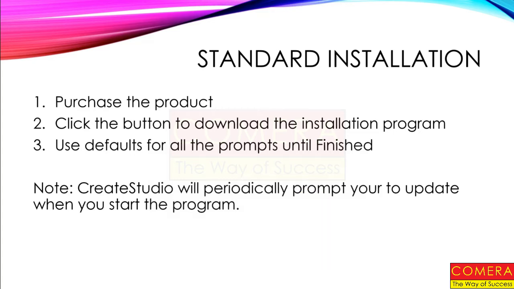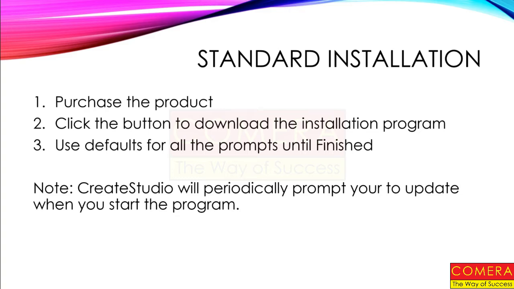Now, I will tell you that CreateStudio, when you start it, will periodically prompt you to update the program if it has an update. You just say update and it goes through pretty much the same process as the install, and it replaces the executable with the latest updates.